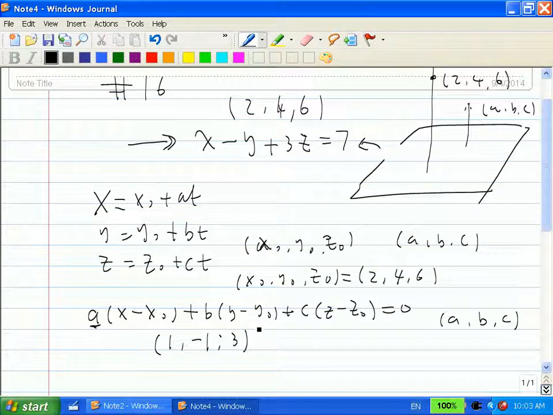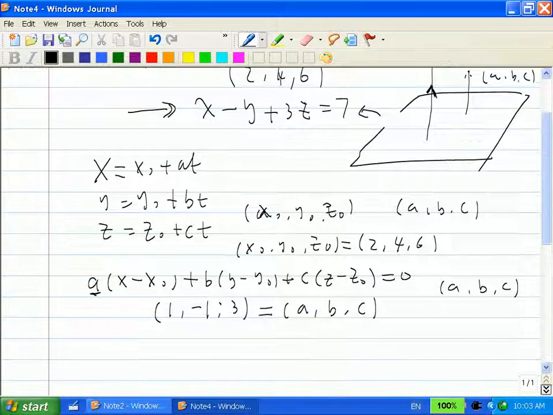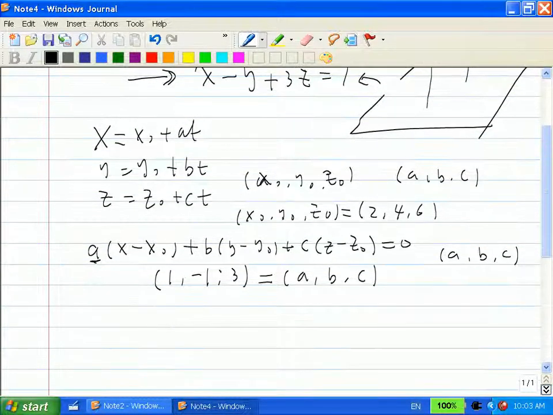This is the vector perpendicular to the plane, and it's exactly the vector we're looking for, because our line is parallel to it. Let me say that again: (1, minus 1, 3) is a vector perpendicular to your plane, and it is exactly the vector your line is parallel to. Once we have those two things, we can write down the parametric equation.